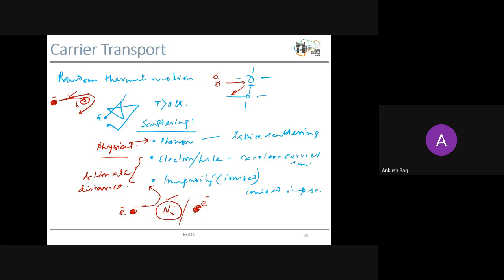There is a difference between scattering and reflection. Whenever you have scattering, the direction cannot be predicted, but in case of reflection, the direction can be predicted. So we should be very careful when using this terminology. These are all scattering; these are not reflection.